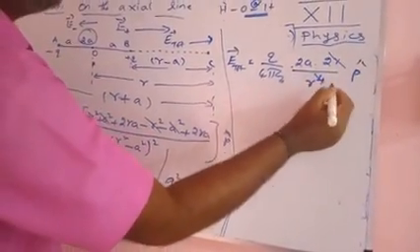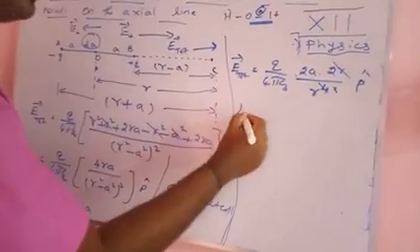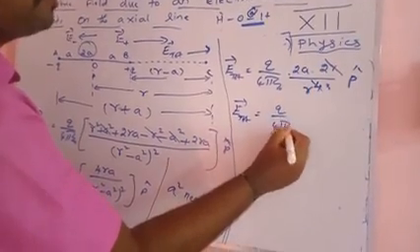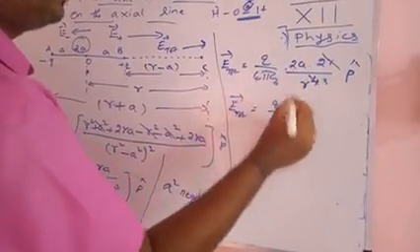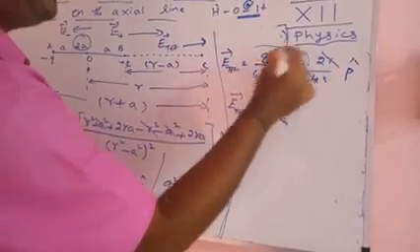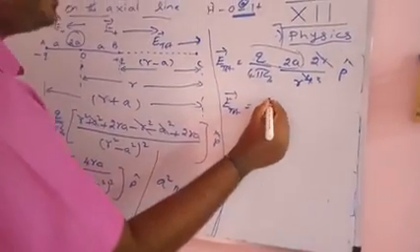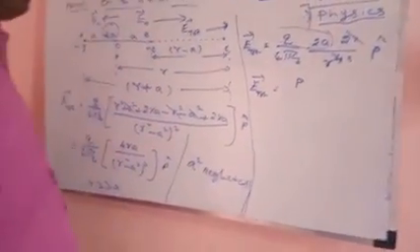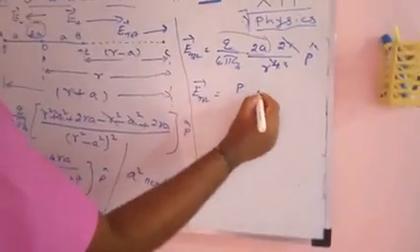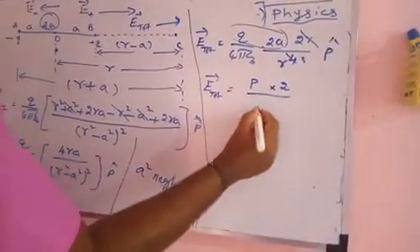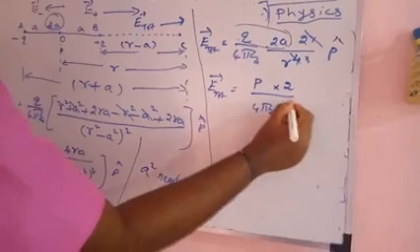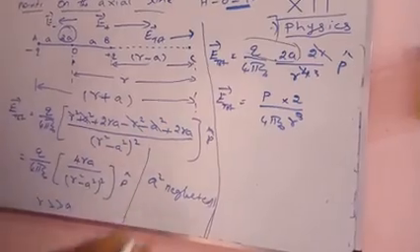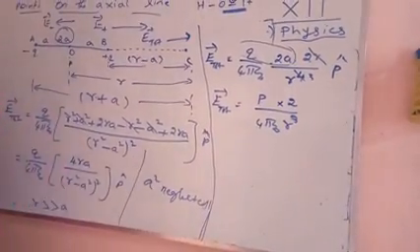Then one r and one r cancel, so it is q. So E total is equal to q by 4 pi epsilon 0 into 2. This q into 2a you can write as p, because I already pointed out what p means. Then p into 2 divided by 4 pi epsilon 0 into r power 3. This is an equation.